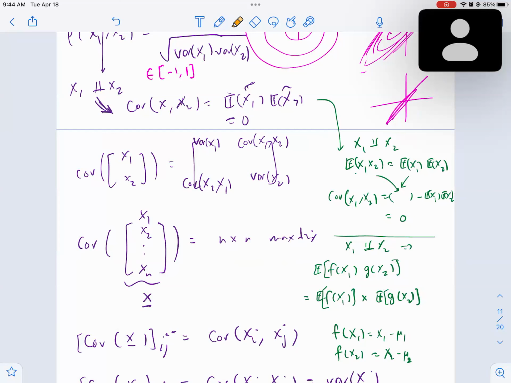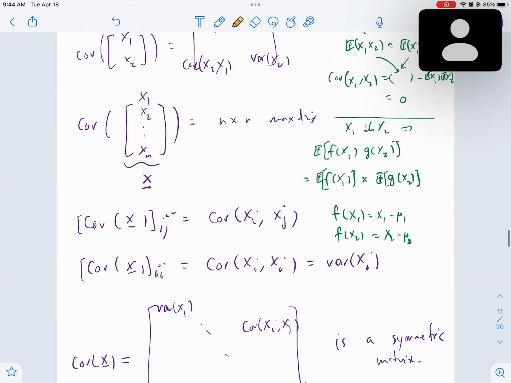Sounds good. So that's the covariance. So what is a covariance matrix? A covariance matrix is a matrix that contains the variances on the diagonal and the pairwise covariances on the off-diagonal elements. So the covariance matrix of a vector, this is how I usually write it. Some people write it as var of this guy because it looks like a variance, like a multivariate variance.